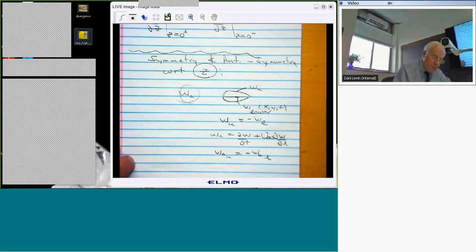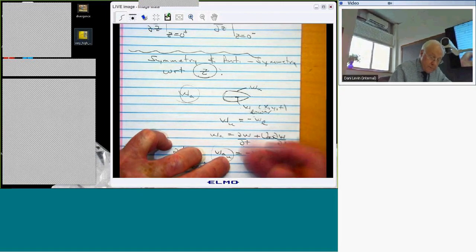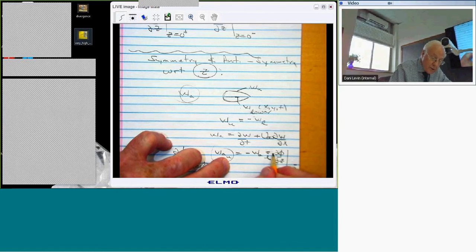But what's this equal to? From the boundary condition on the wing, this is equal to d phi/dz at z equals 0 plus, and this is equal to d phi/dz at z equals 0 minus, but with a minus sign, of course, because of this minus sign.